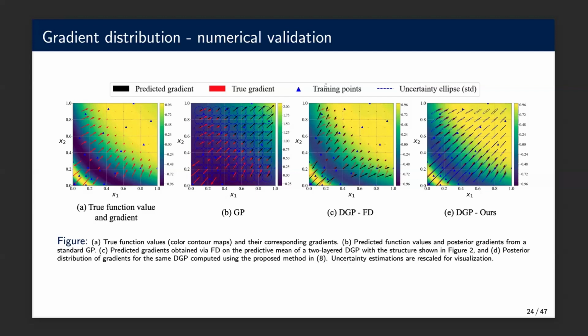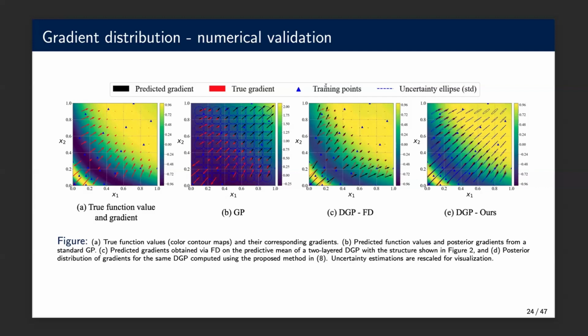You can see that because the emulator loses performance, the uncertainty quantification, the ellipse, just reflects the isotropic property of the standard Gaussian process.